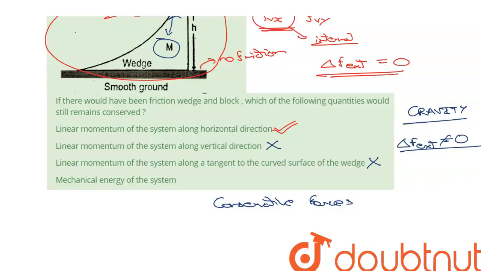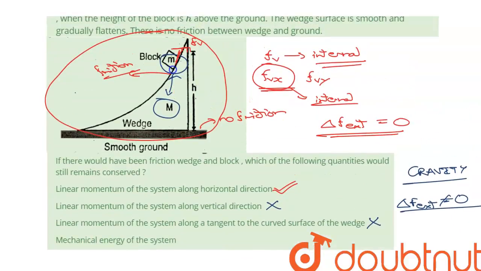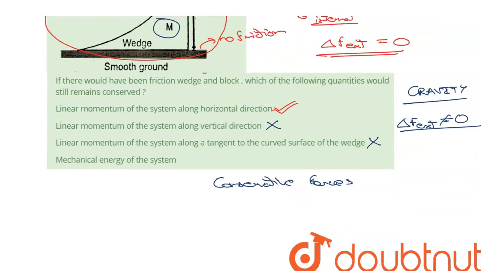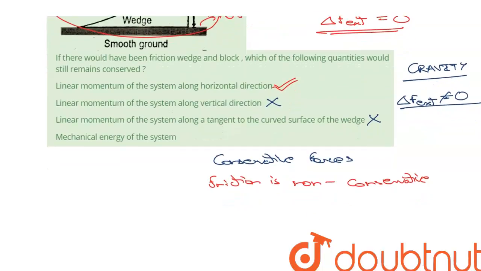But since they have introduced friction in the question now, and friction is a non-conservative force, therefore there will be some loss of mechanical energy of the system, which means that mechanical energy of the system will no longer remain conserved. So option D is incorrect.